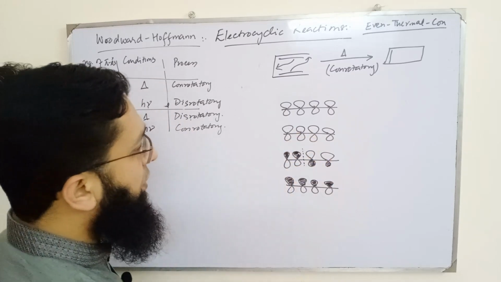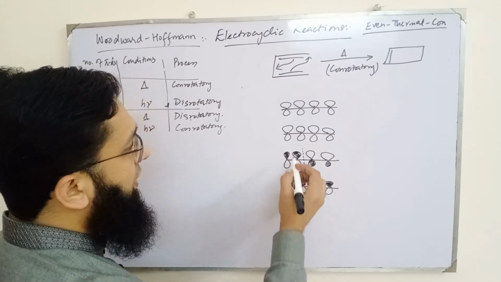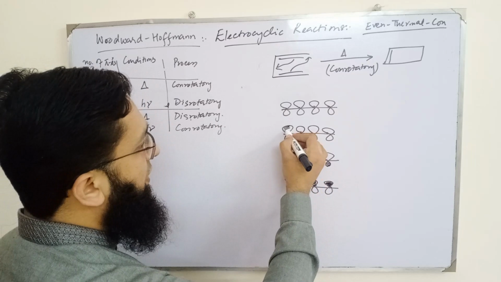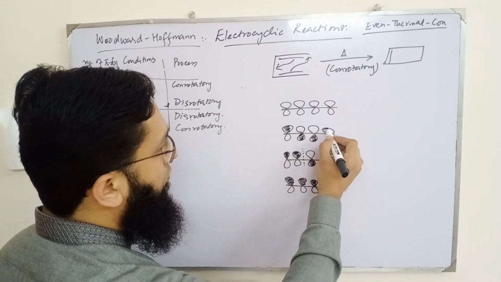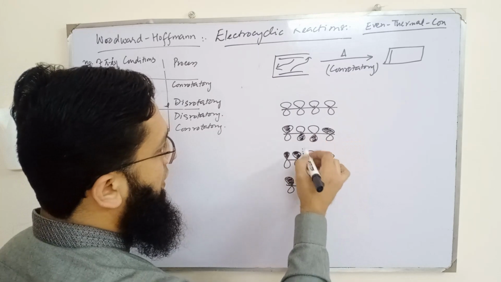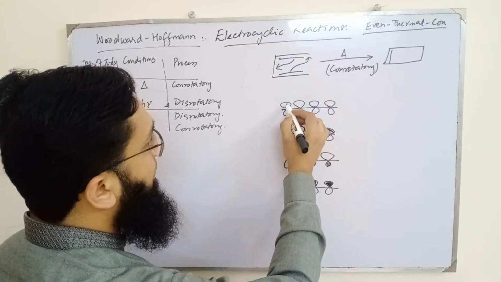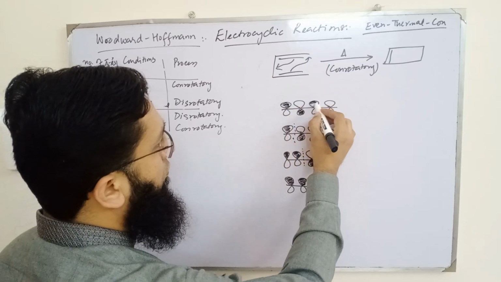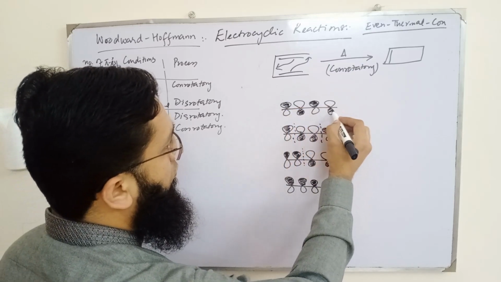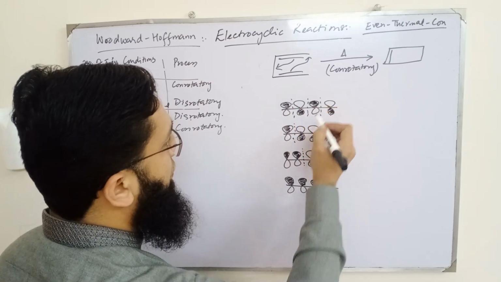As we move up the order in the molecular orbital diagram, the nodes increase as the energy level increases. So here is one node, here would be 2 nodes, and here we would have 3 nodes.